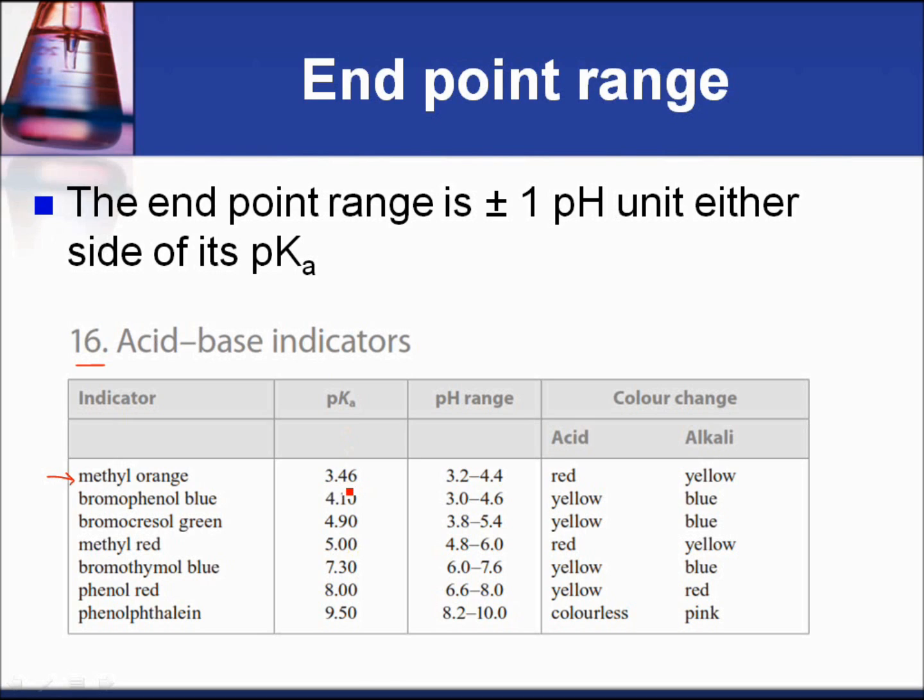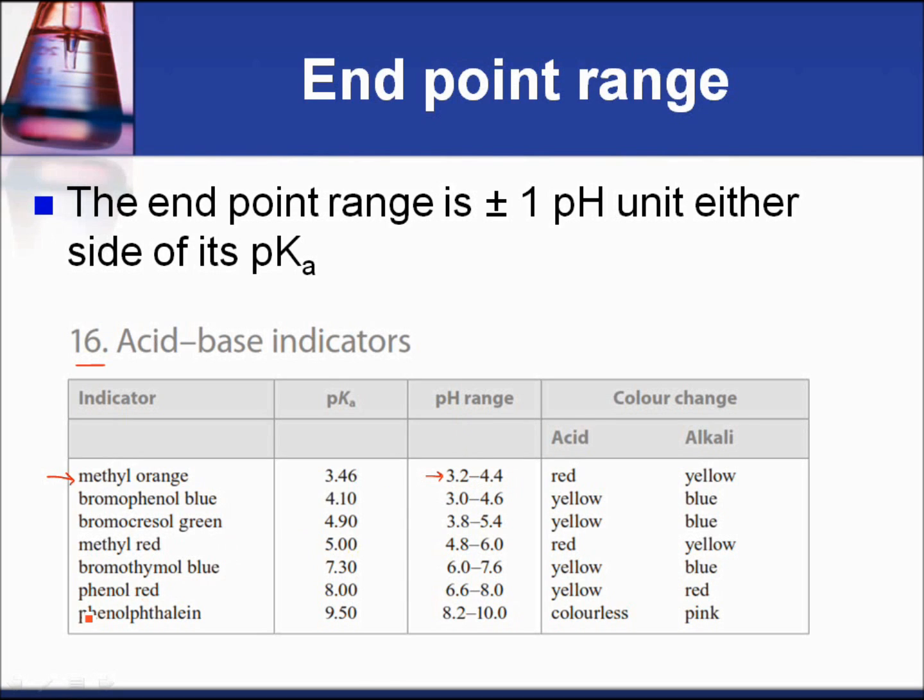So that means the middle of its color change will be pH 3.46. Now the range at which it changes is plus or minus 1 pH unit either side of its pKa, about. So you can see that the pH range is 3.2 to 4.4.